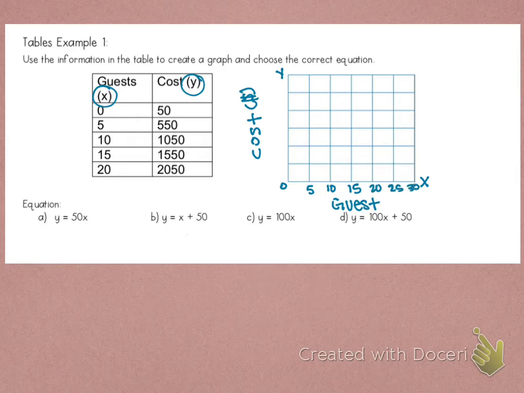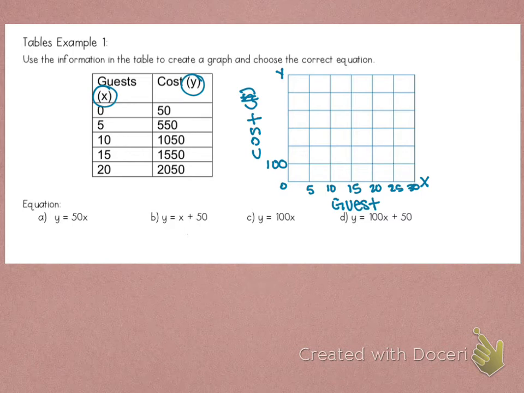And then it looks like we're increasing by a lot on the side. So maybe start at 100 right here, and then it goes all the way up to 2050.